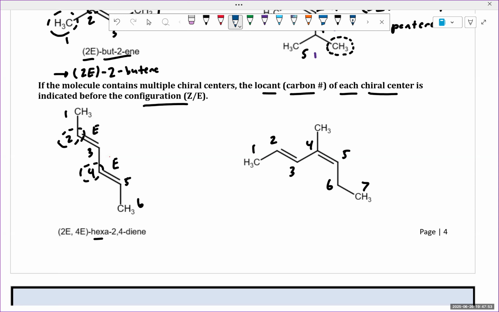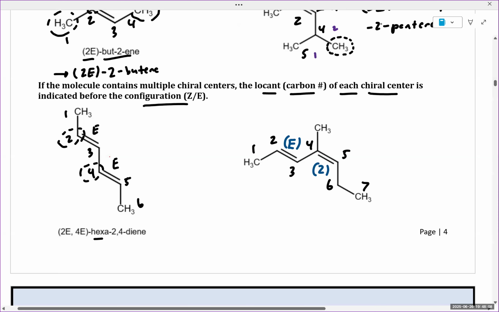So first and foremost, the two substituents that are high priority are on the opposite side of the double bond. So this first alkene is E. The second alkene, the highest priority groups are on the same side. So this will be a Z alkene. From here, we note that we have a methyl group at position 4.